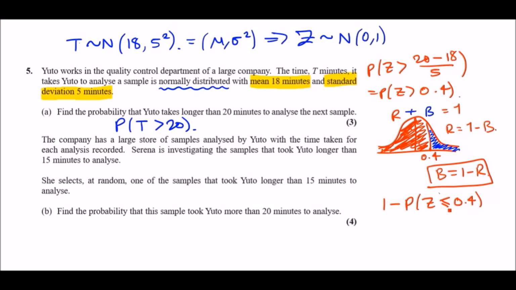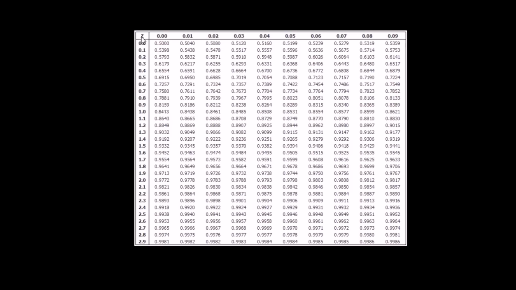So that's the main point. Now all we do is look at the table for 0.4. So here's 0.4, so it's 0.40, and you get 6554.